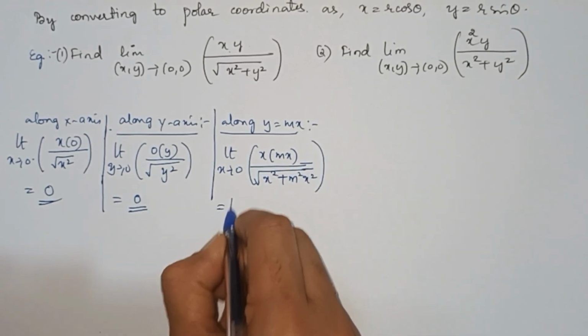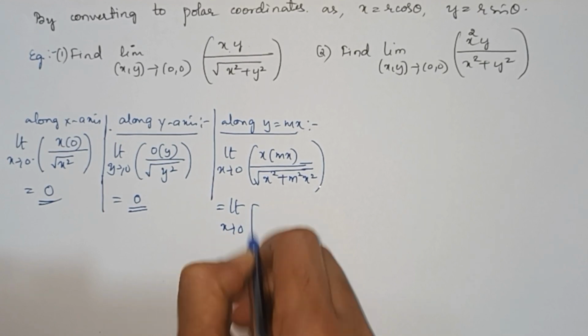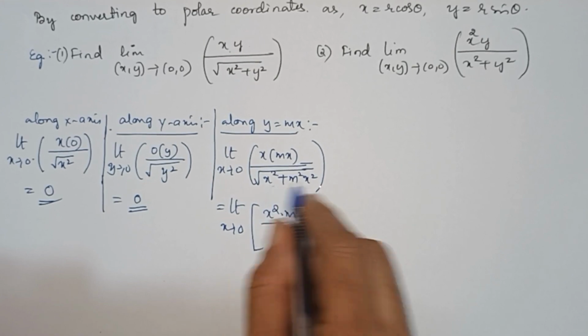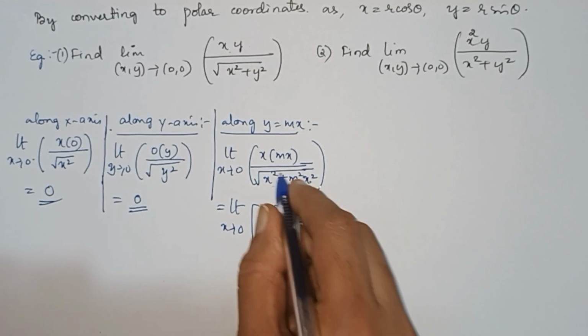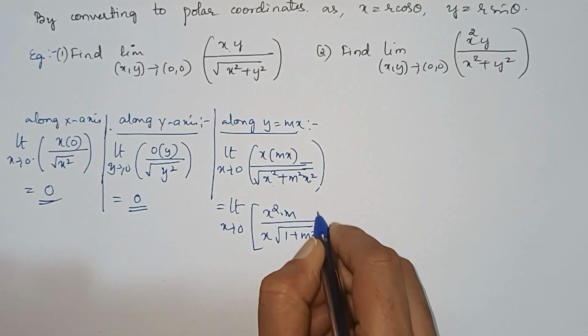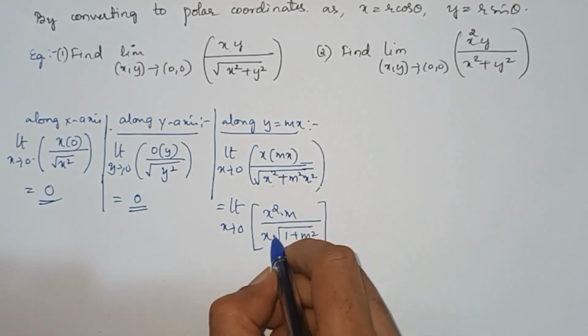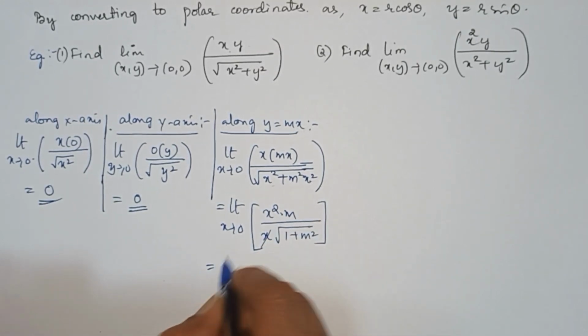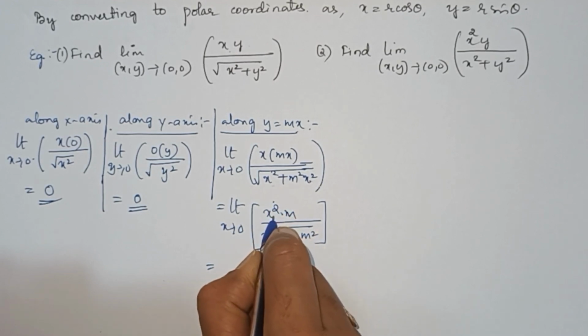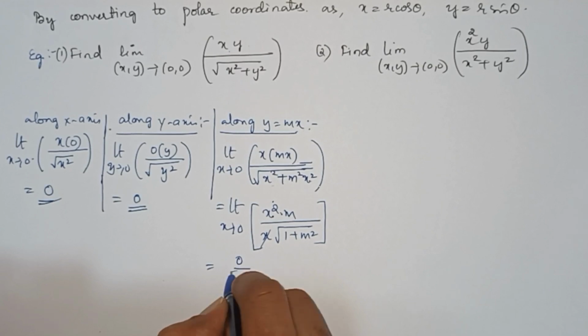So which gives you limit x tends to 0, x square into m divided by, when you take x square common out of the square root, you will get x times square root of 1 plus m square. Now whatever may be the value, one x cancels as x tends to 0, as there is one x remaining in the numerator, so 0 by anything gives you 0.